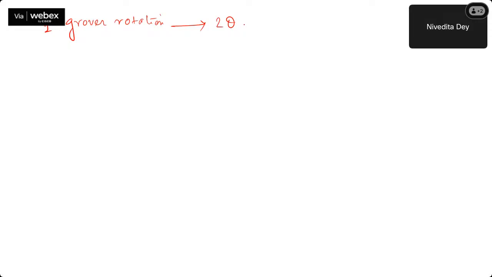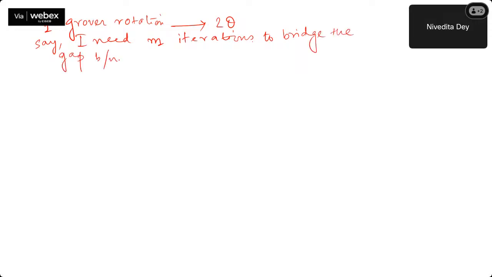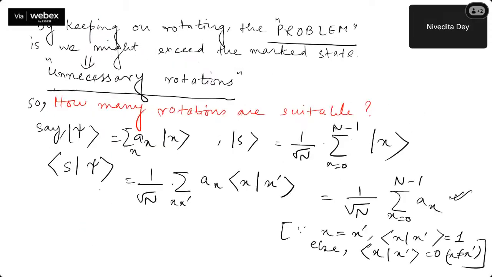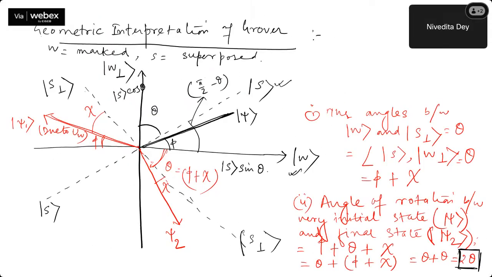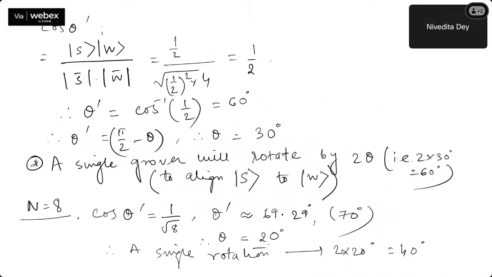That kind of direct calculation I will now be doing. Say I need m total iterations to bridge the gap between my S and W. And what was the angle between S and W? Do you remember? It was pi by 2 minus theta. This is your S, this is your W, and this is the angle, pi by 2 minus theta.